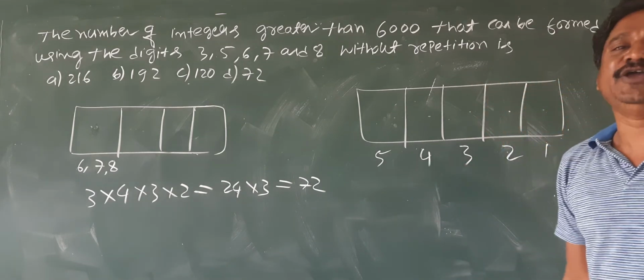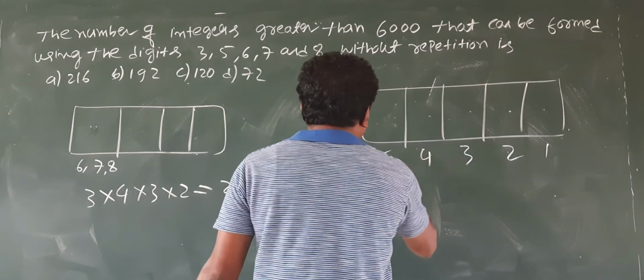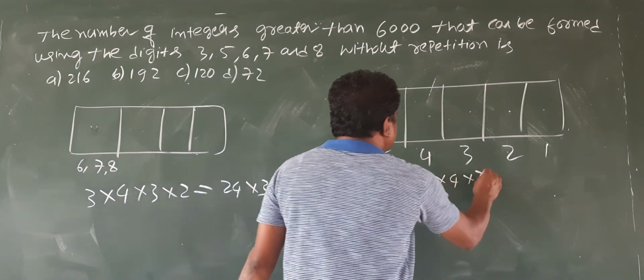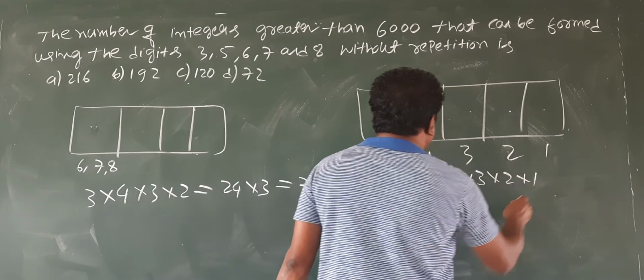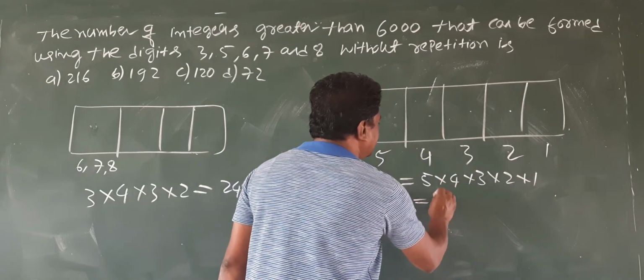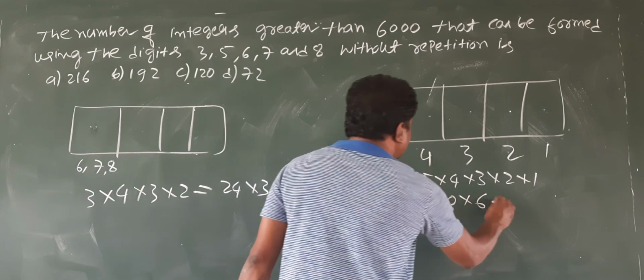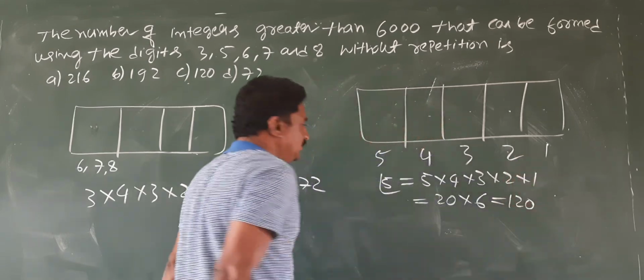It is nothing but 5 factorial: 5 × 4 × 3 × 2 × 1 = 120.